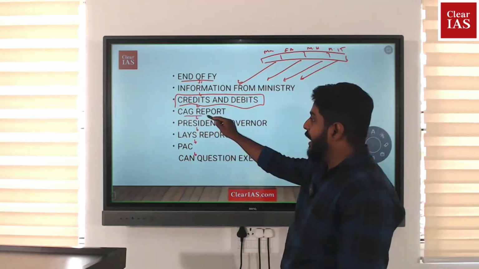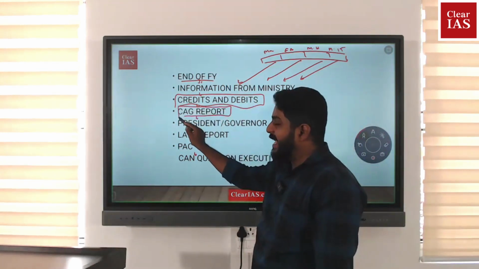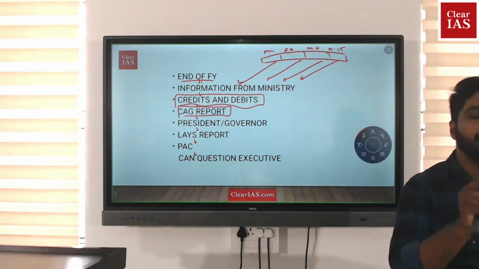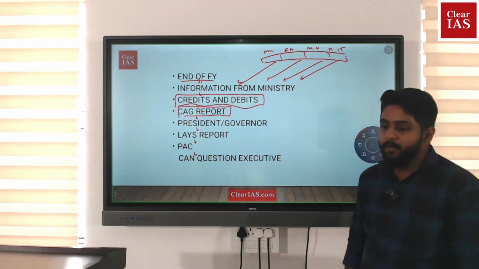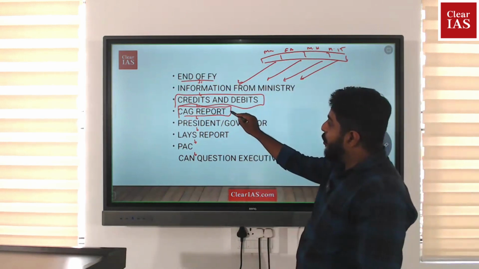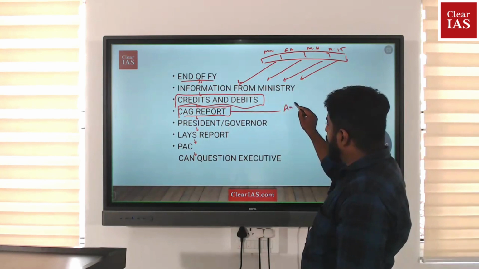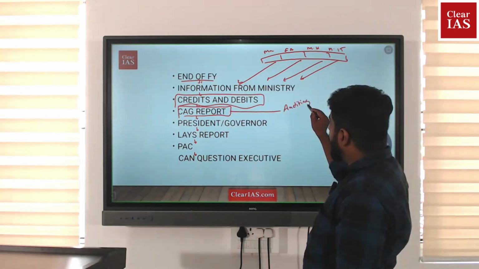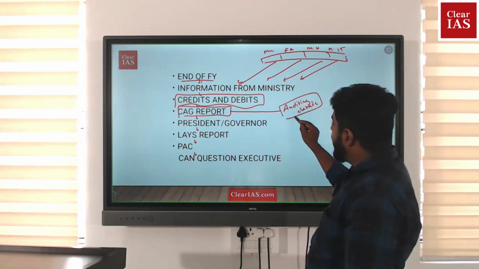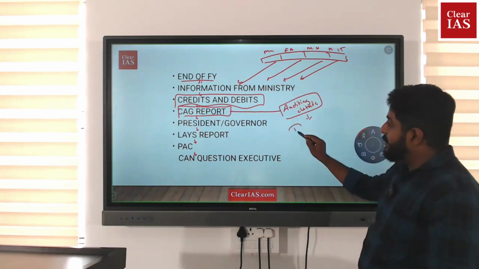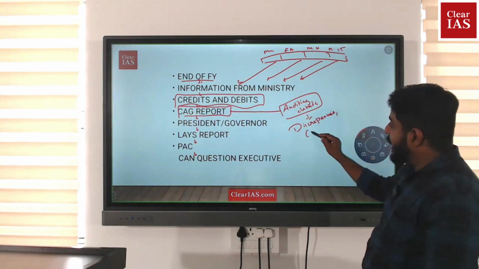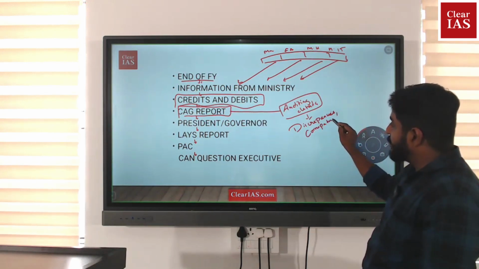On the basis of these details, he will prepare a CAG report, the Comptroller and Auditor General report. In this CAG report, he will include the auditing details, and he will notice if there are some discrepancies or corruption in the expenditure of money.